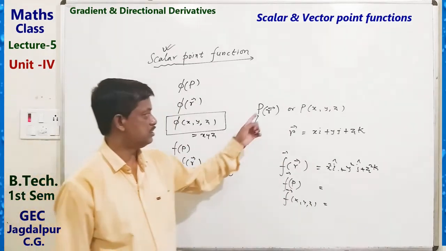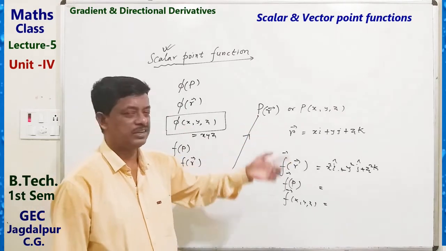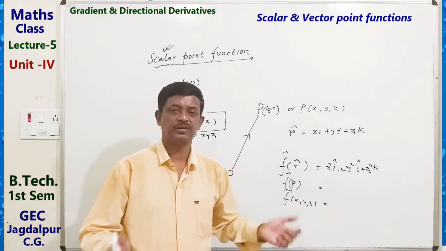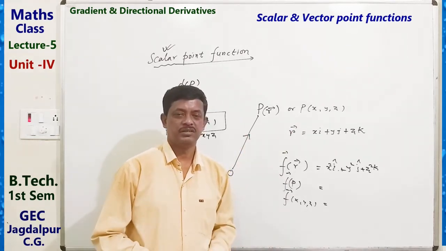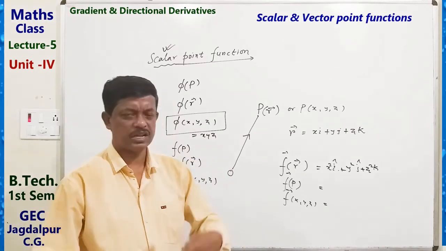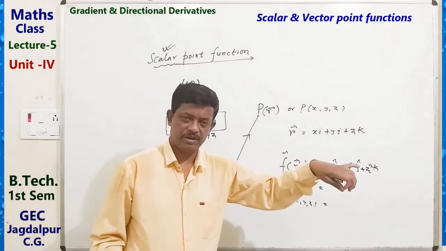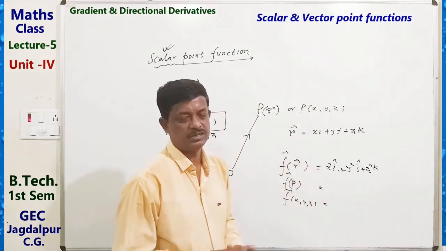If corresponding to each point of a region of space we can get a unique vector quantity, then that is called a vector point function. It is also dependent on the point, but corresponding to each point we get a vector quantity.